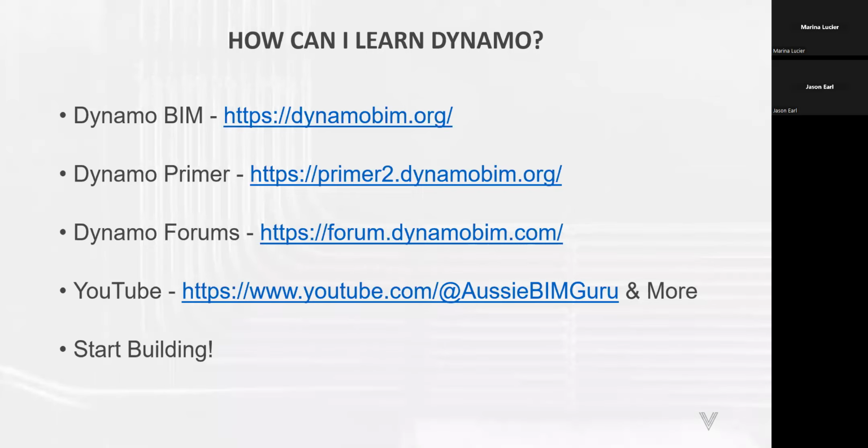From that website, you can find the Dynamo primer. This is the getting started guide for Dynamo. They also have tons and tons of tutorials on that website. The forum.dynamobim.com is the main, official forum for Dynamo. There are a lot of questions going back years and years and a lot of really helpful answers.